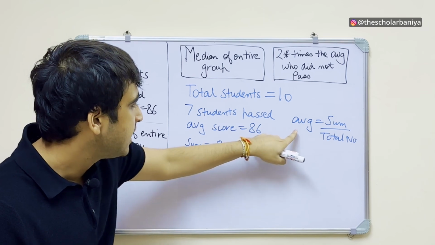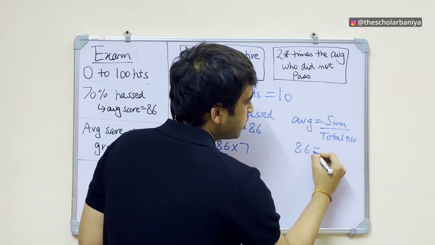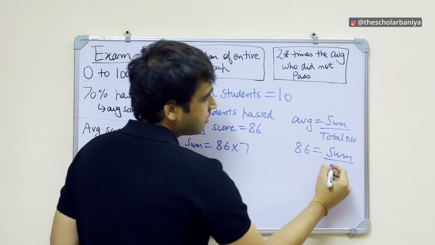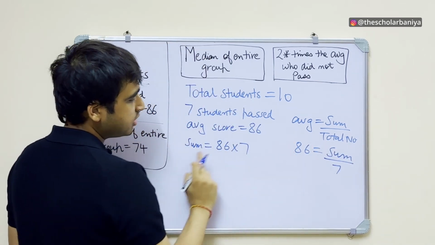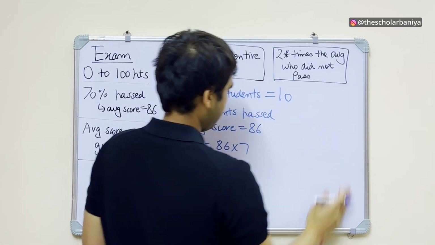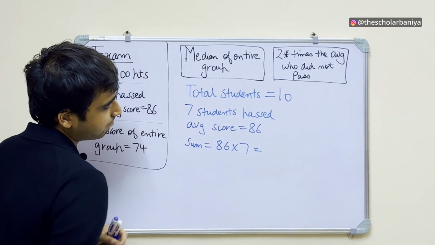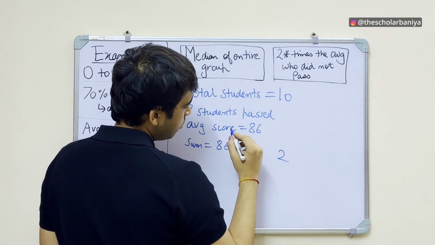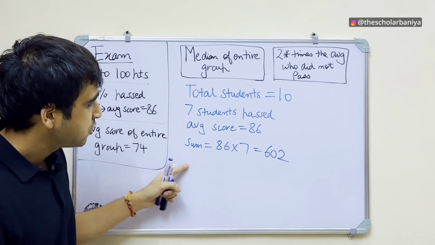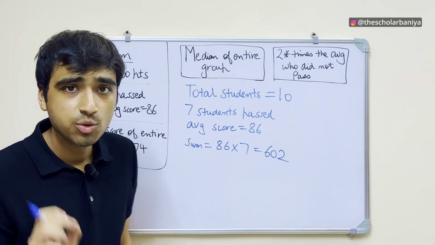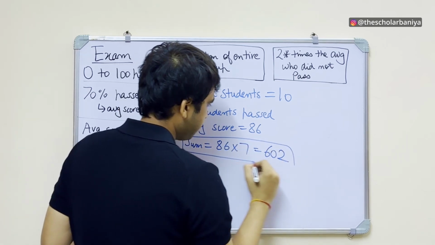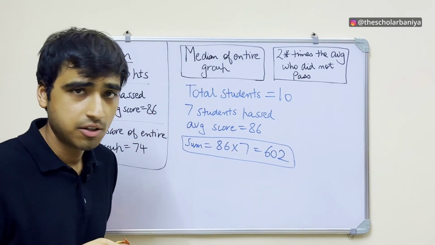So 86 is equal to the sum upon 7, so the sum will be 86 into 7. How much is this? 6 7s are 42, and so on, giving 602. So the sum of the scores of these 7 students is 602.